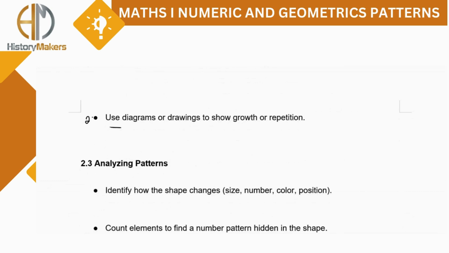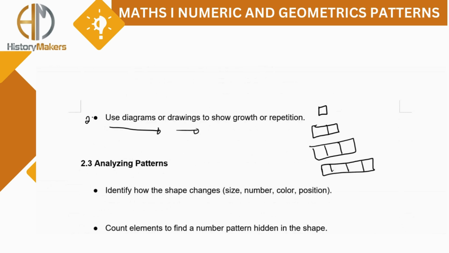Secondly, we can use diagrams or drawings to show the growth or repetition. For example, this is what we can use to show the growth or repetition of the geometric sequence.